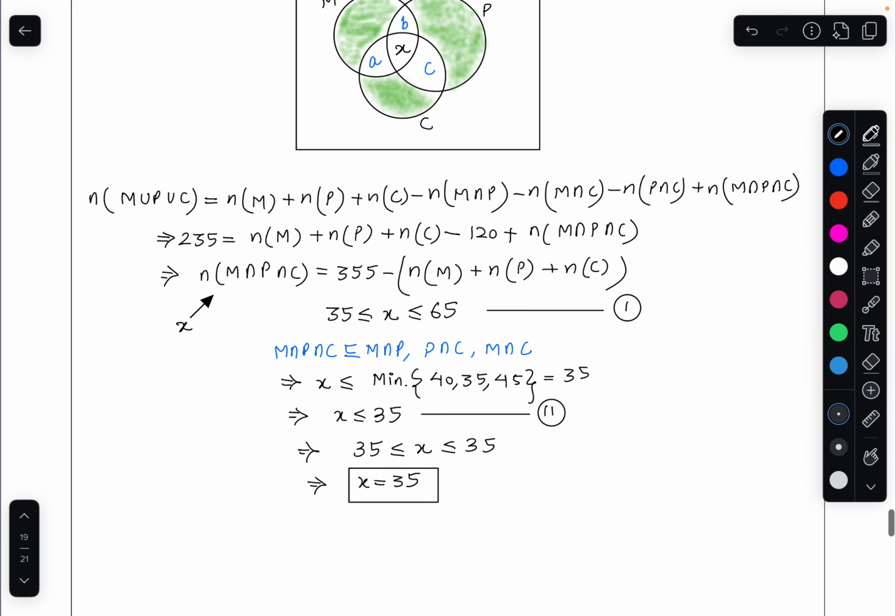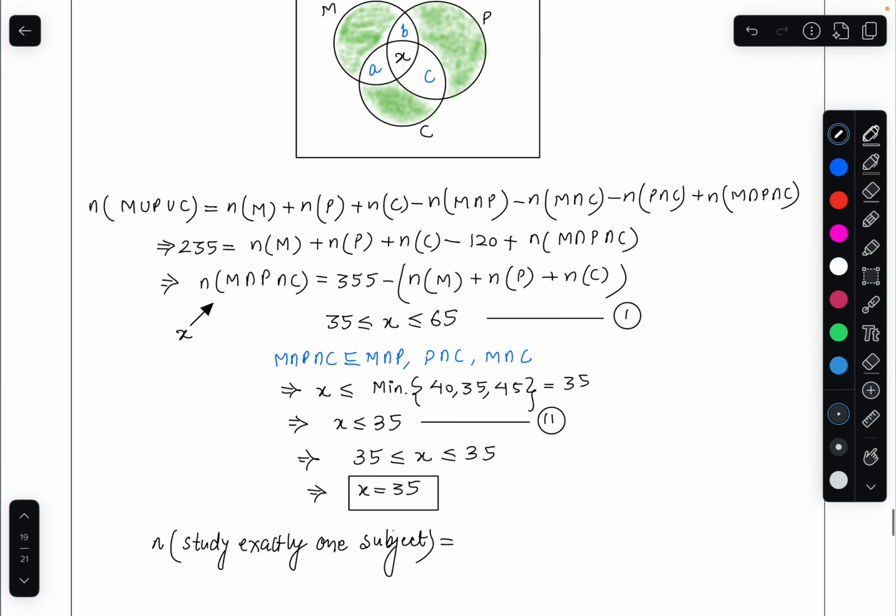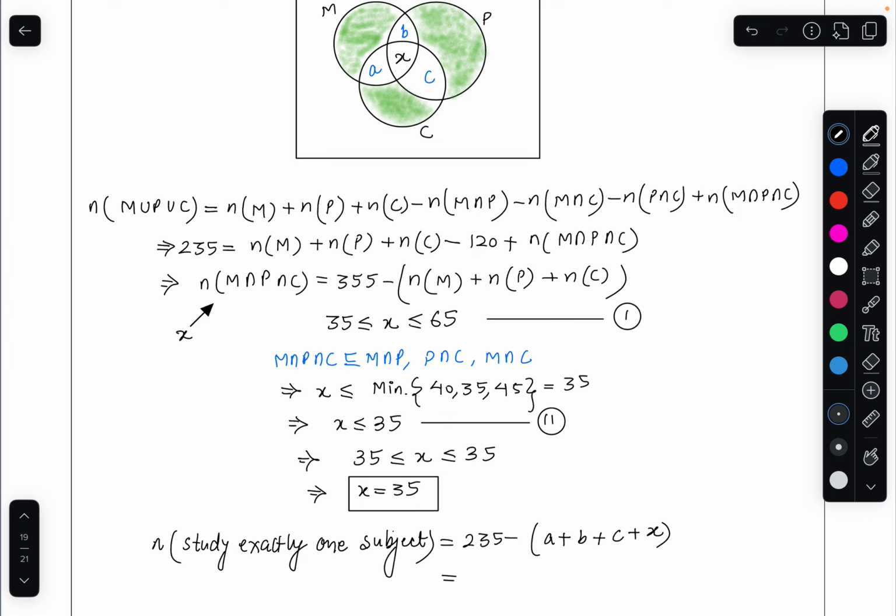So what I'm looking for, the number of people who study exactly one subject, would be equal to the number of elements in the union, which is 235 as we saw earlier. From it, I'll subtract the number of people in the regions A, B, C, and X. X we have already found, X is 35. Let's find the A, B, and C here.